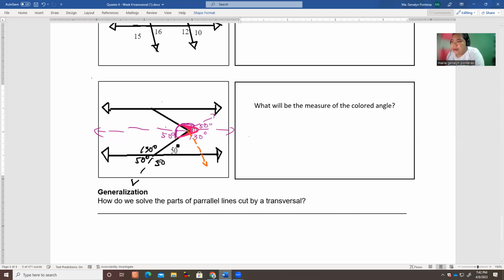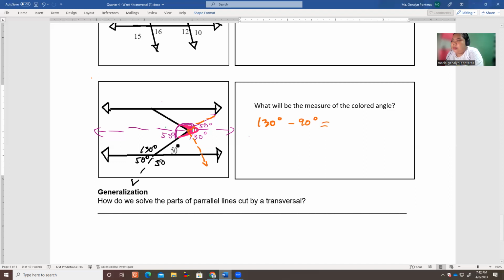Ayan. Should I subtract by 90? 90 minus 50. 50. 130. Maybe I could try 130 minus 90.